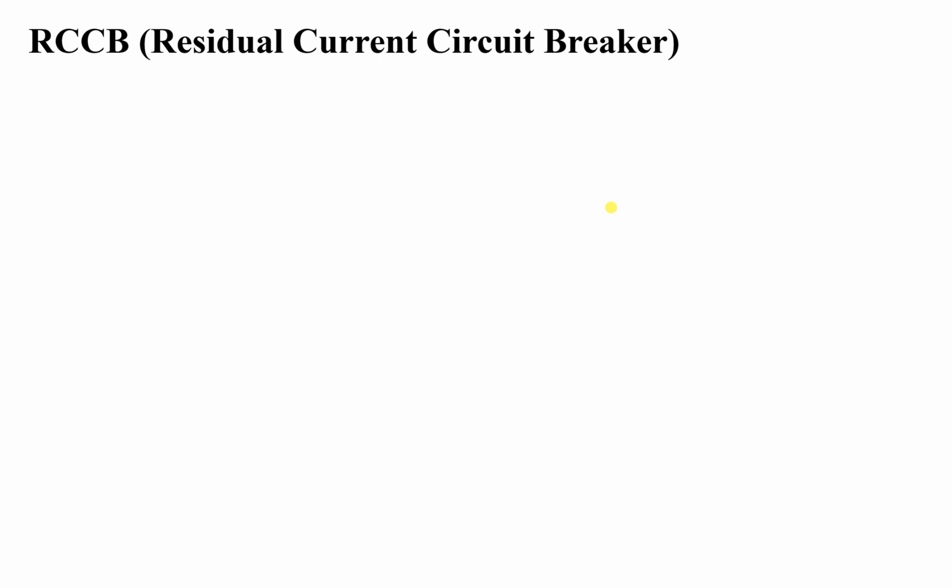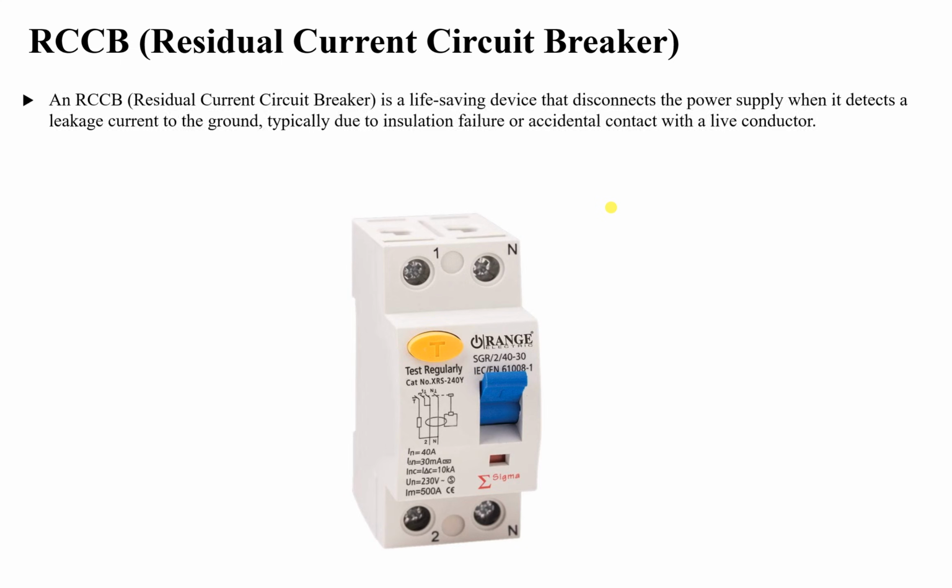So let's start by the first question, is that why do we need residual current circuit breakers? These types of circuit breakers are used to disconnect the power supply when they detect a leakage current to the ground.